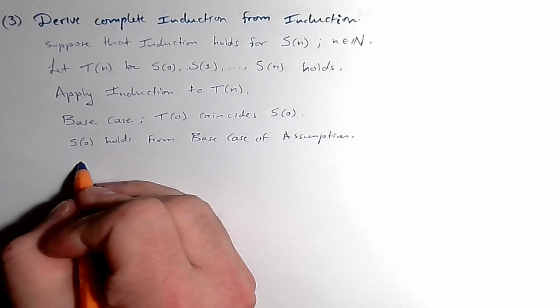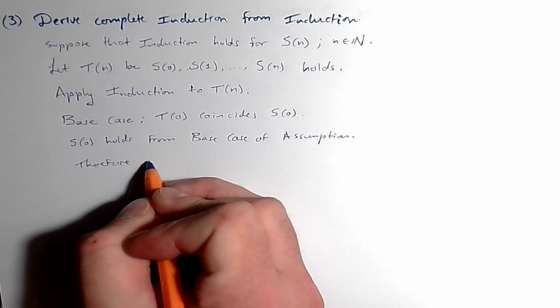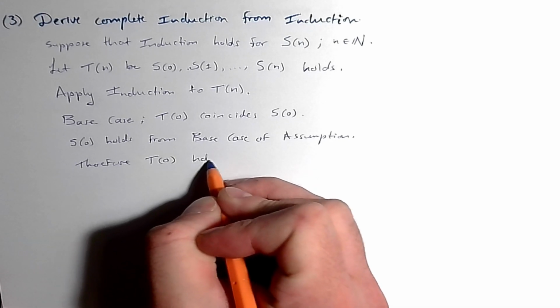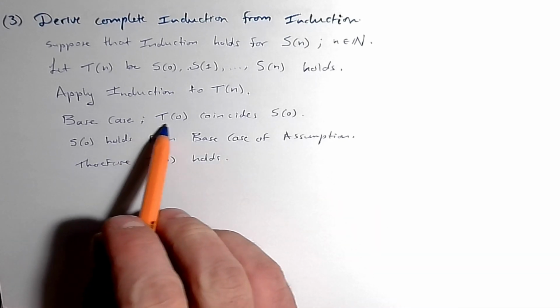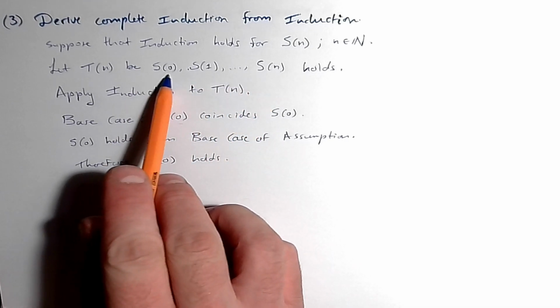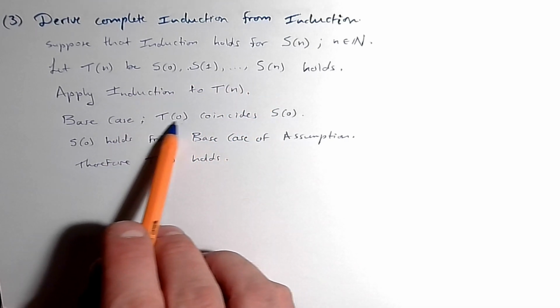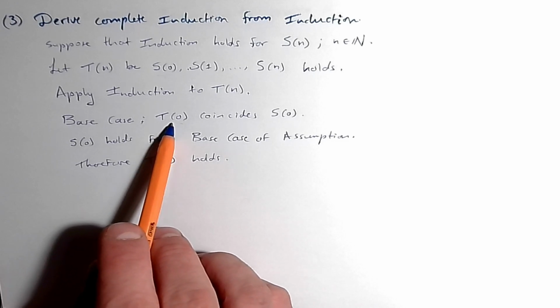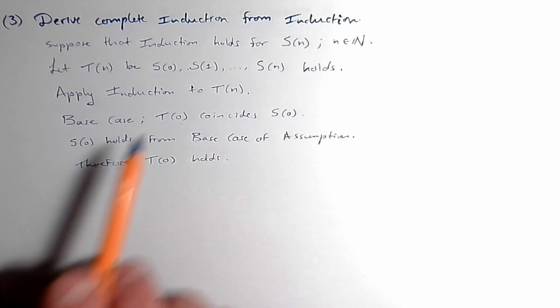Therefore T of 0 holds, because T of 0 is just a statement that all the preceding statements of S hold, and in this case we've just restricted the index to 0.